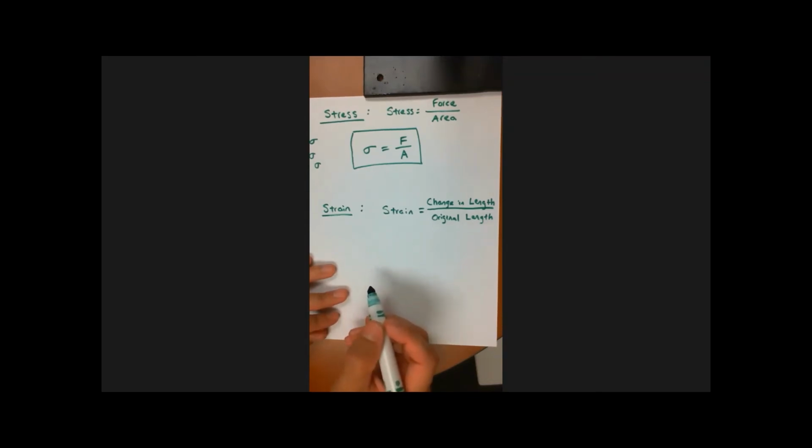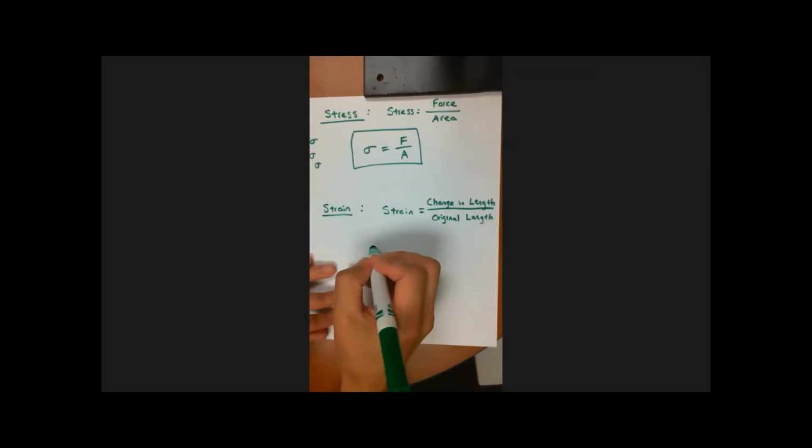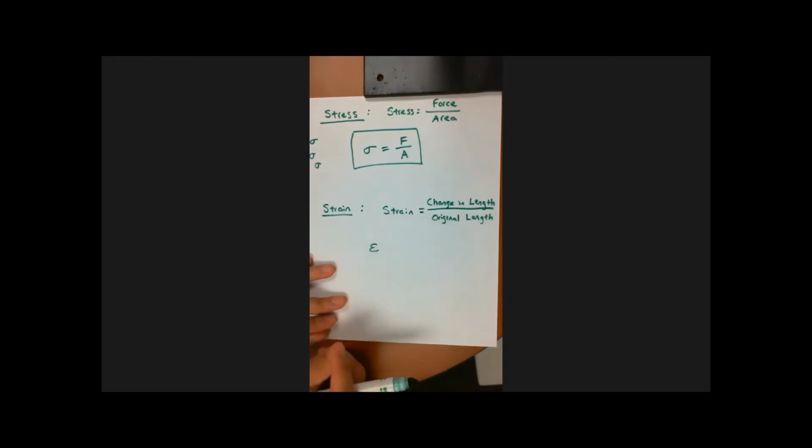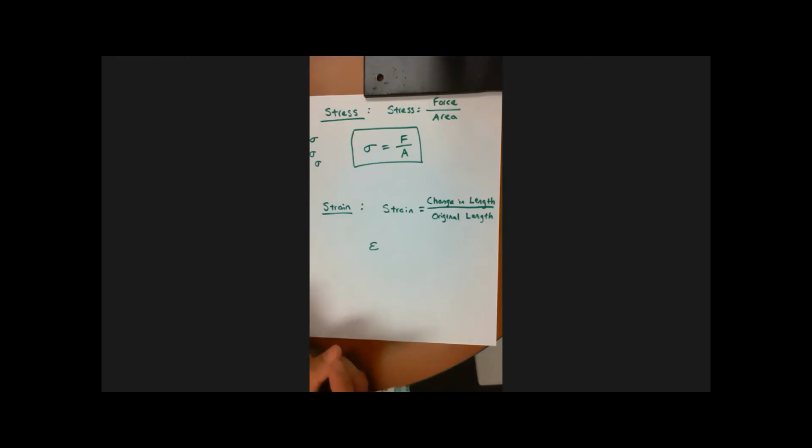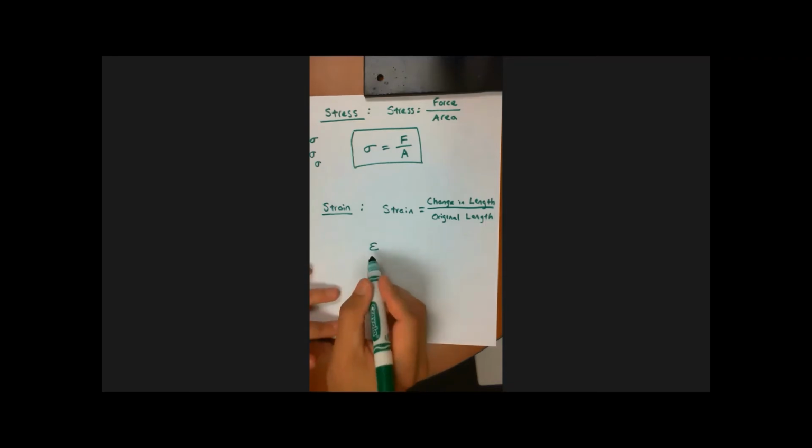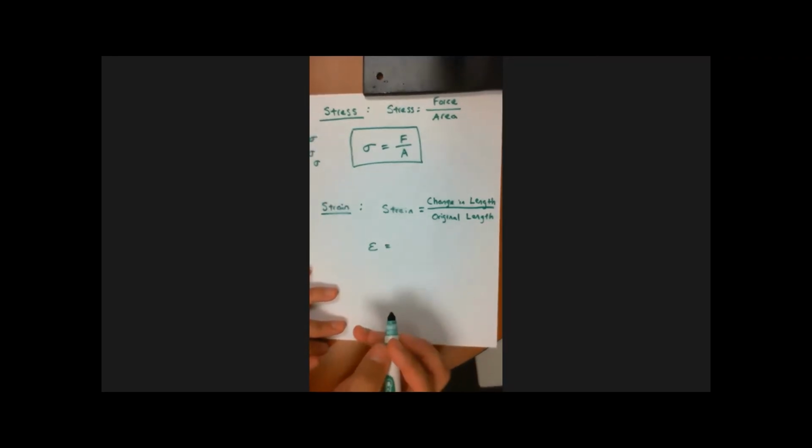The international symbol for strain is a lowercase Greek letter epsilon. That's an epsilon. It looks like a backwards 3. I didn't decide that was how it's going to be, but that's the internationally recognized symbol for strain.